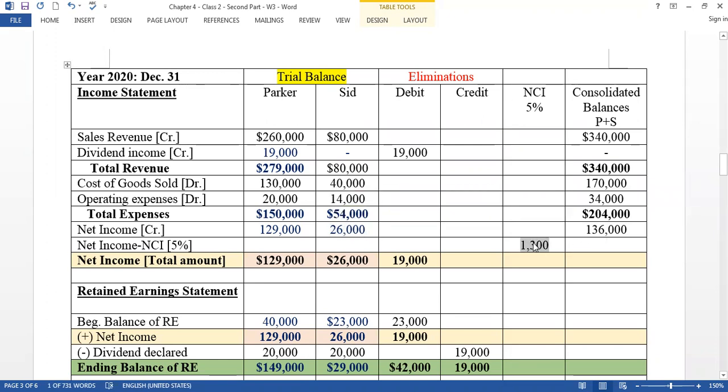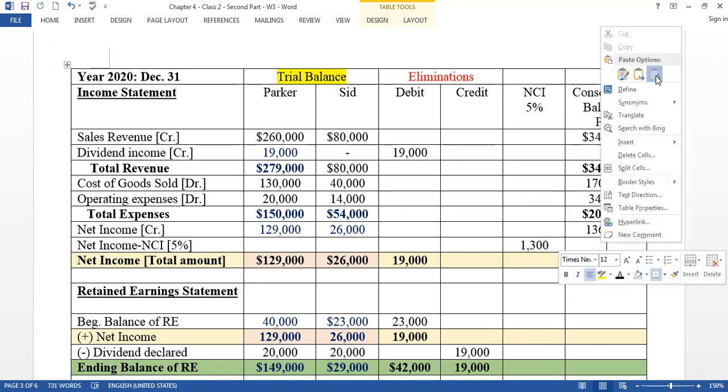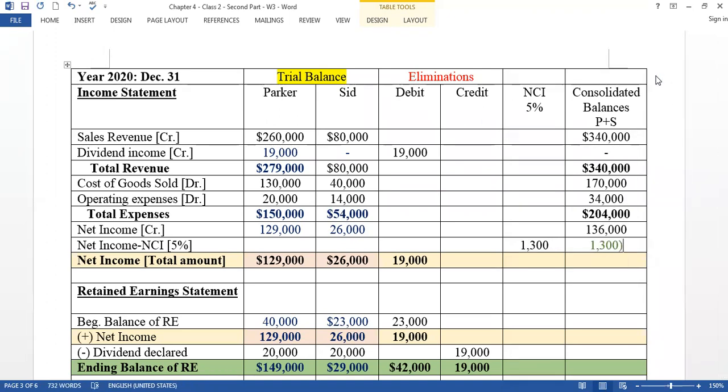That means this amount, this 1,300, we actually have to deduct from here. We have to deduct this money from here. So this is the total net income, okay? P plus S. This is the P plus S net income, clear?